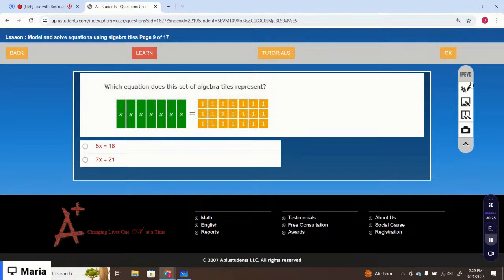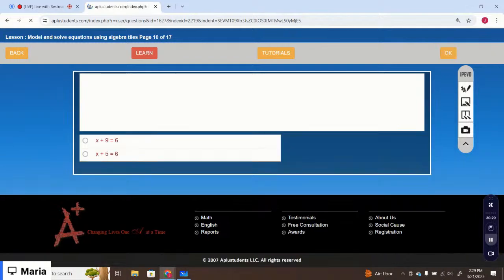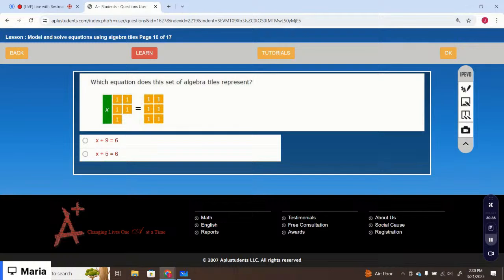That is 7x equals 21. Option number two is the correct option. Which equation does this algebra tile represent? That is x plus 5 equals 6. Option number two is the correct option.